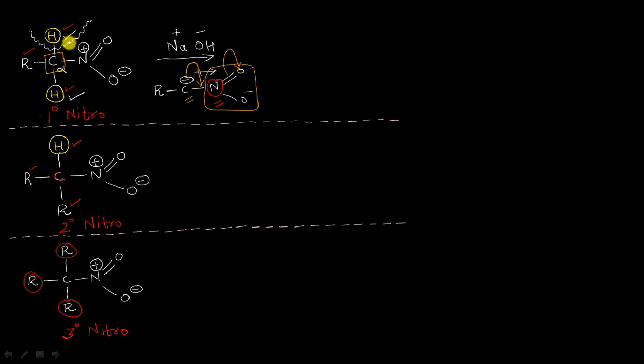Now, upon the addition of this strong base to a primary type of nitro compound, this proton will be abstracted from here, resulting in the formation of C, H here as it is, single bond N, double bond oxygen, nitrogen having a positive charge here.